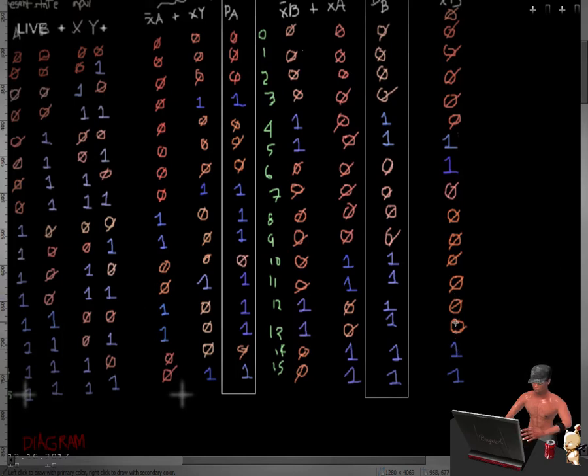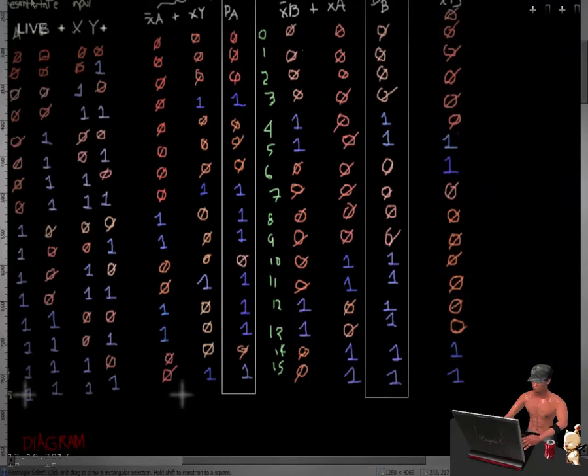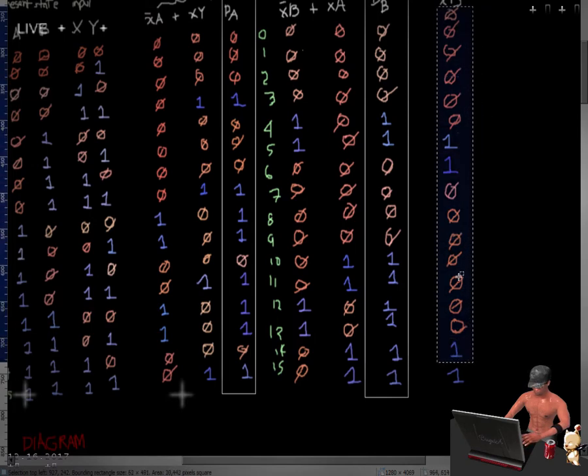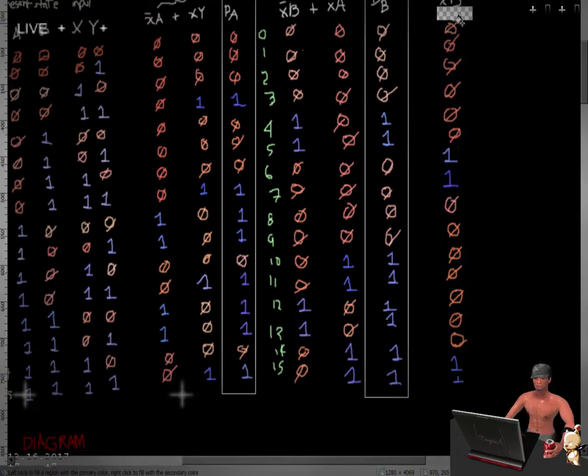Man. Alright. We've got to move this down. I just screwed up a little bit. This has to be aligned because I just misplaced some zeros.